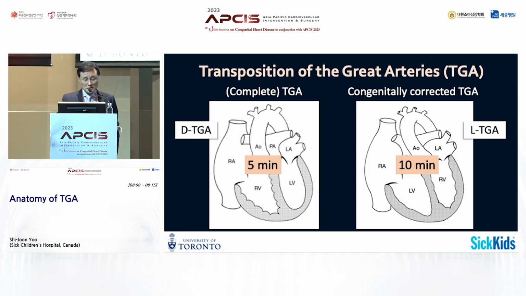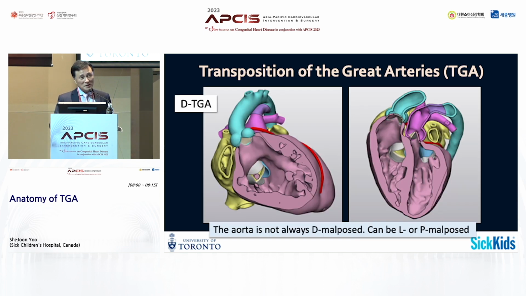DTGA is one level of discordance, ventricular arterial, while congenitally corrected has two discordances, atrioventricular discordant connection and ventricular arterial discordant connection. So I will use 5 minutes for one discordance, and 10 minutes for two discordances. Okay. So transposition of the great arteries, DTGA.